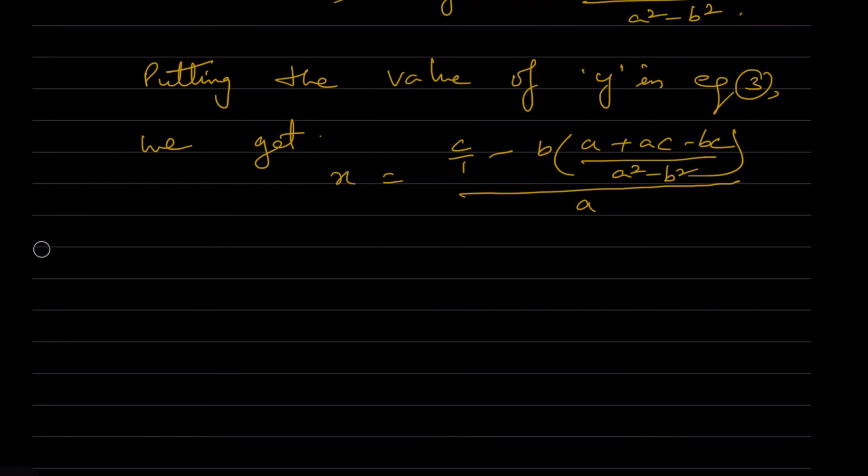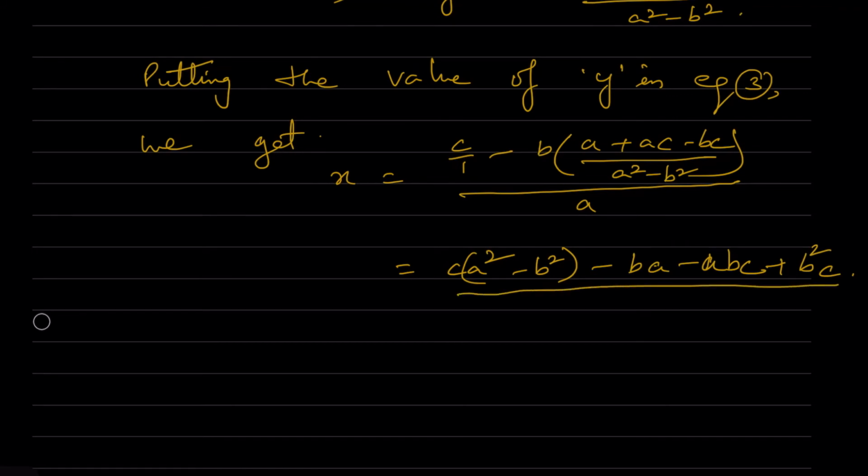So now going step by step, what's the next step we see? By taking the LCM in the numerator, c into a square minus b square minus ba minus ac plus bc minus abc plus b square c divided by a into a square minus b square.